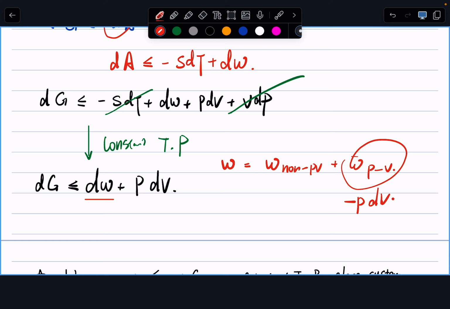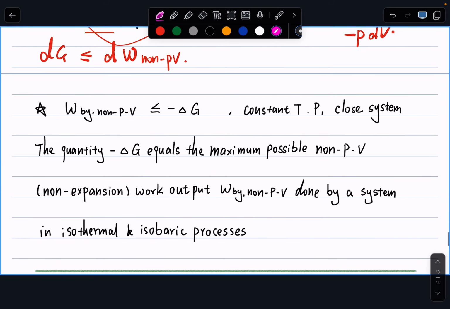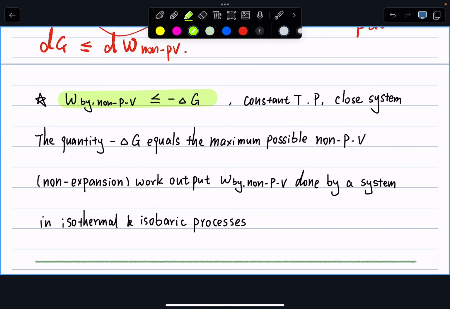The other way to put it is we can rewrite this as dG smaller than or equal to dW non-PV. Doing the same kind of operation, talking about the maximum amount of work your system can do on the surroundings, we end up with this expression.